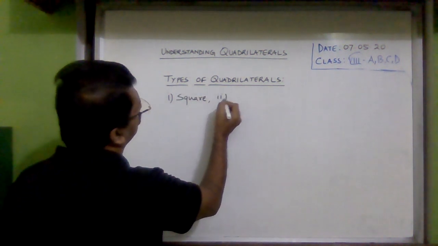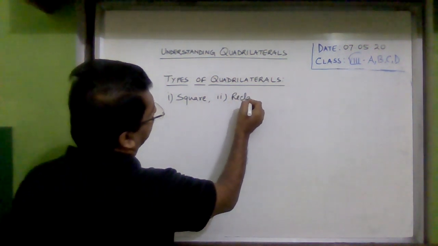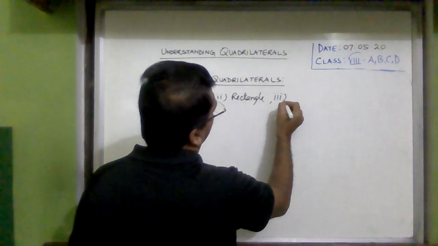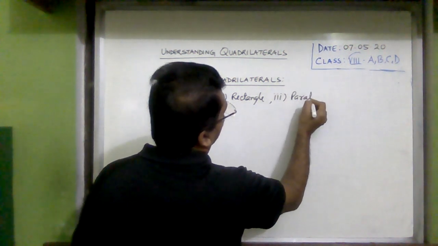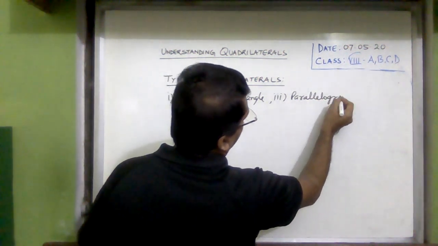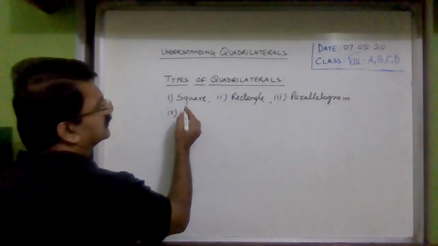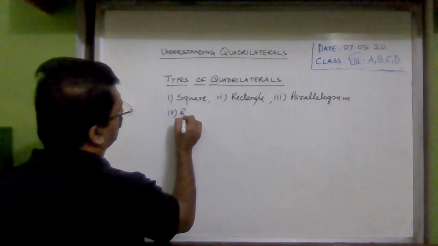Then the second one is a rectangle. The third one is a parallelogram. The fourth one is a rhombus.